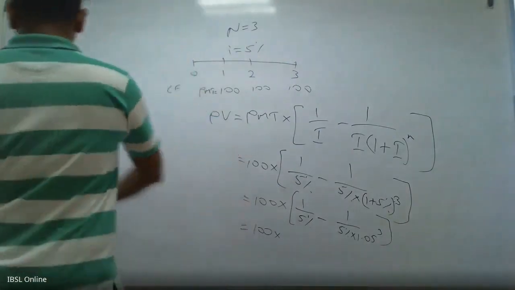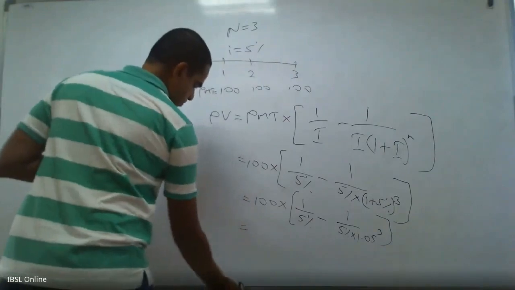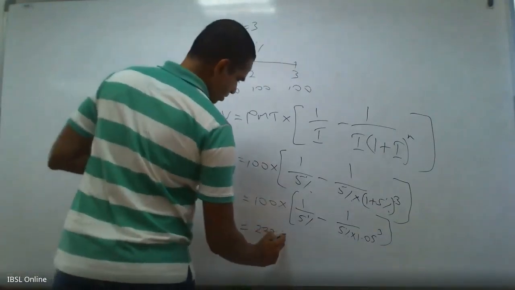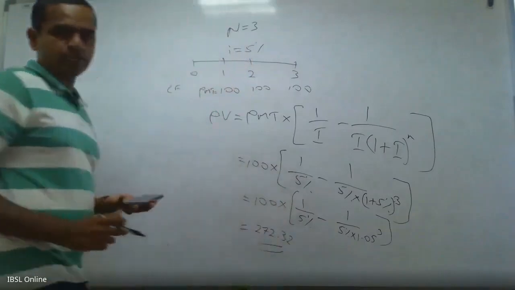So you end up with 272.30. It's the present value of this annuity.